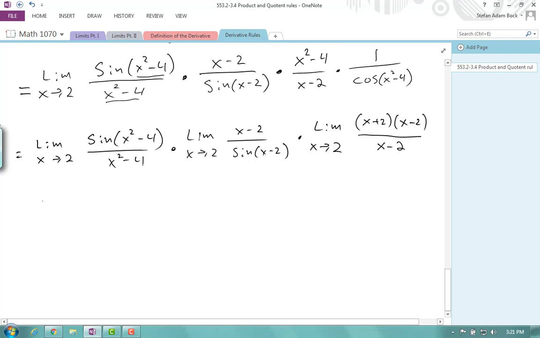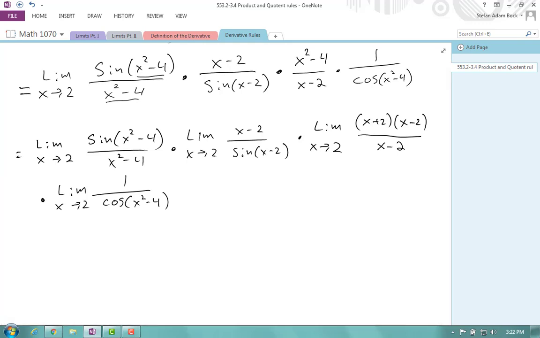Now I seem to have run out of room here, so I'll add the last multiplied bit, the limit as x goes to 2 of 1 over cosine of x squared minus 4. Now I can safely evaluate all of these limits separately because I have split them properly using the limit laws.